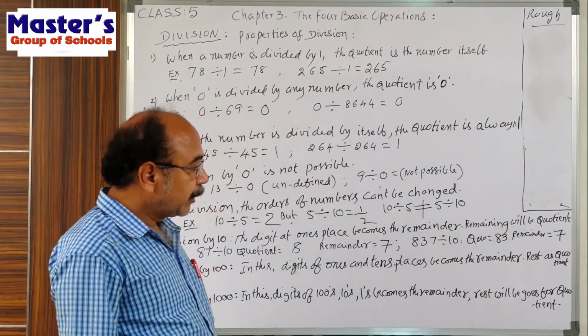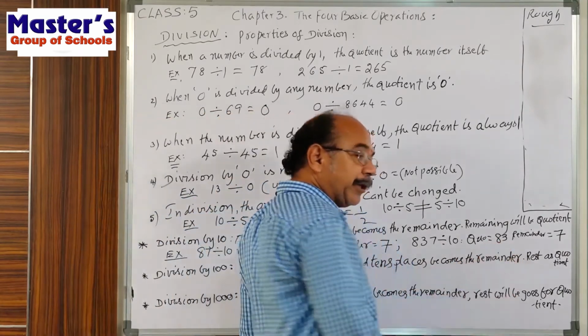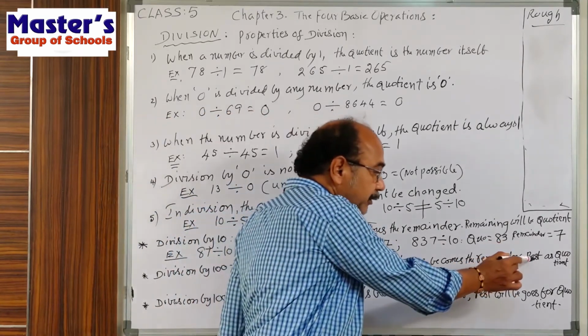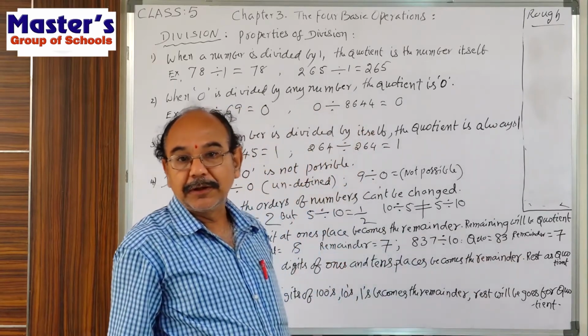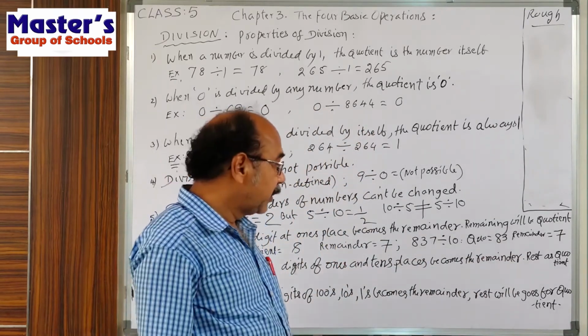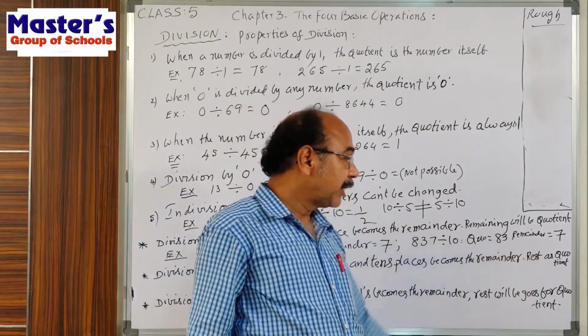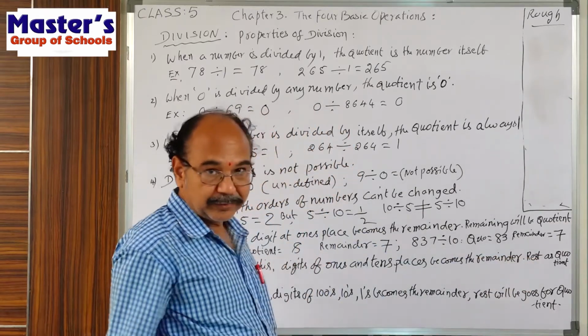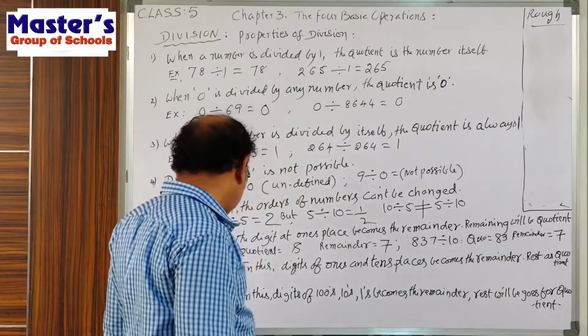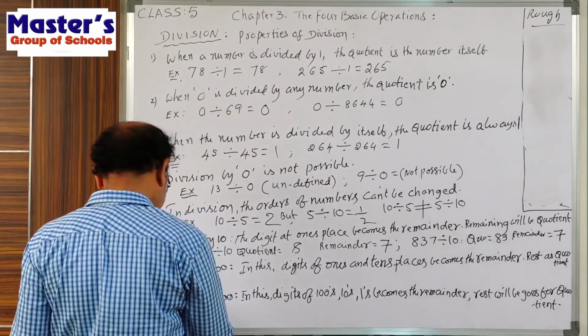Rest here means remaining digits. Rest means remaining. The rest of the digits we write as the quotient.